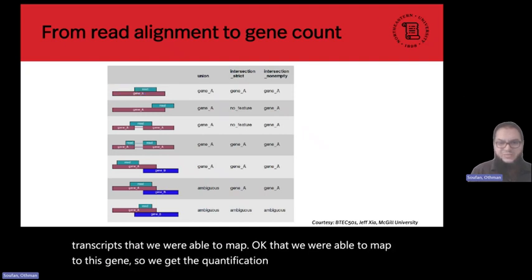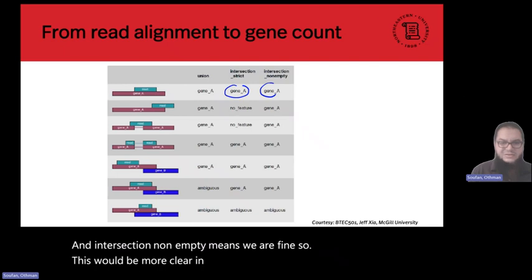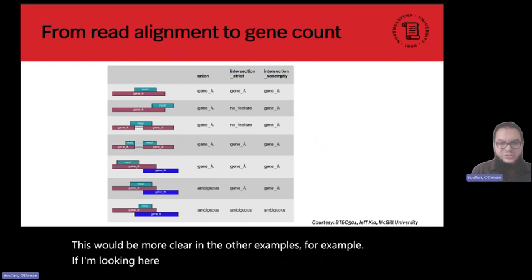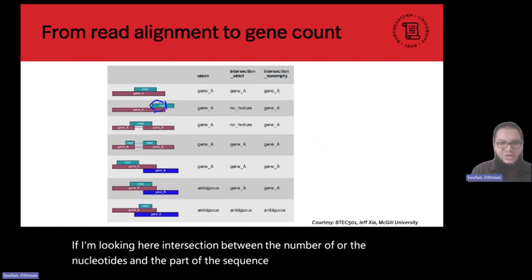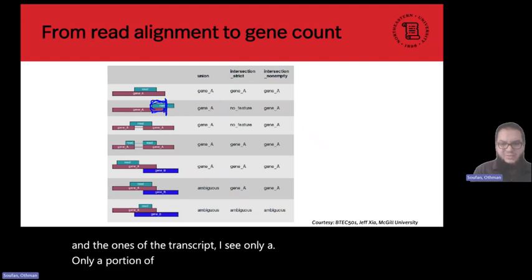In this case, intersection strict and intersection non-empty both mean we are fine. This would be clearer in the other examples. For example, if I look at the intersection between the nucleotides and the part of the sequence of the gene and of the transcript, I see only a portion of that read being mapped here.